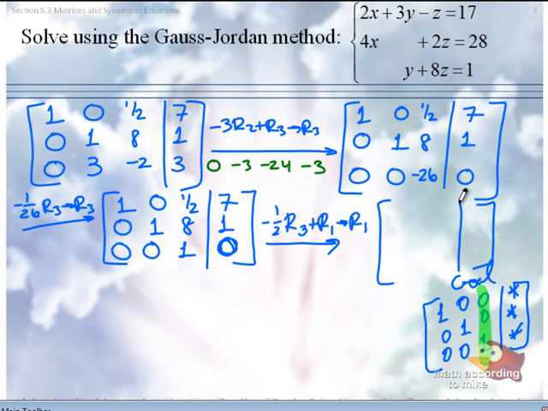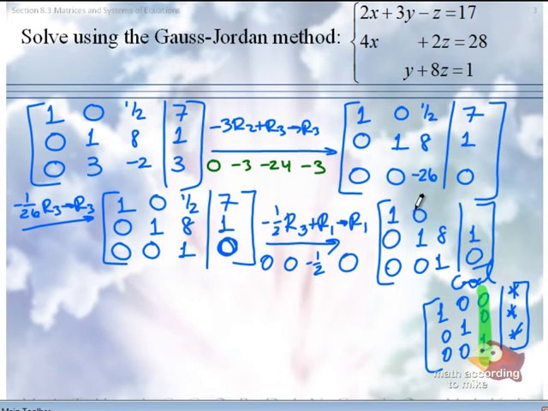So negative 1/2 times row 3 is 0, 0, negative 1/2, 0. Adding that to the first row, what do you get? 7. So what does x give you? 7.